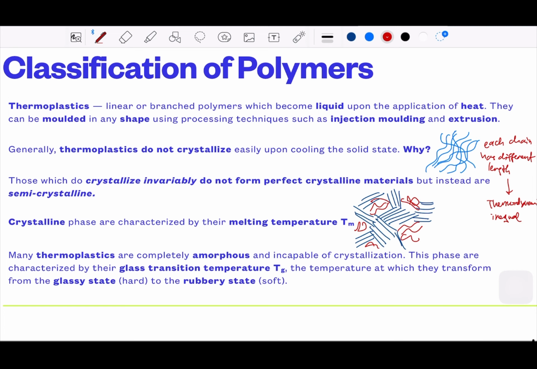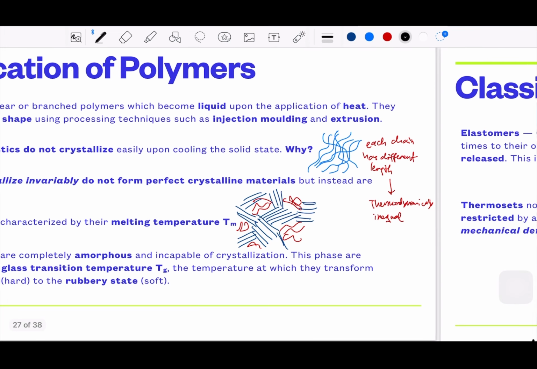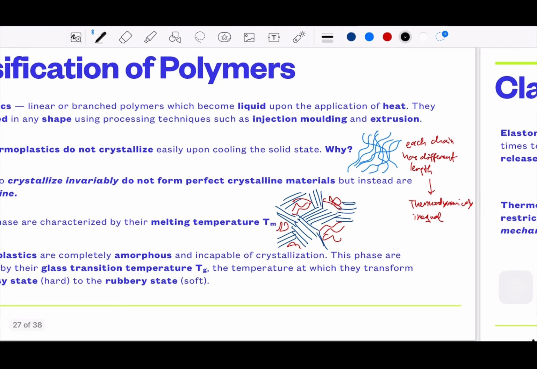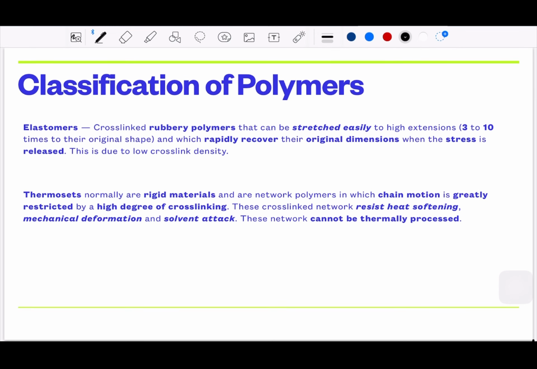So that's a classification of the polymers. This is the thermoplastics, this part. The other part we call elastomers. An elastomer can also be cross-linked, but it's a rubbery polymer.